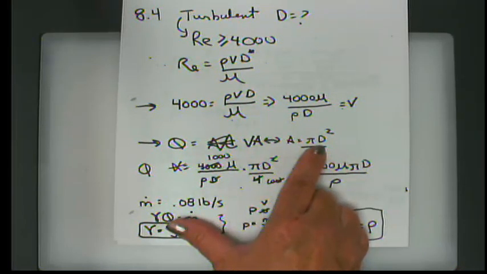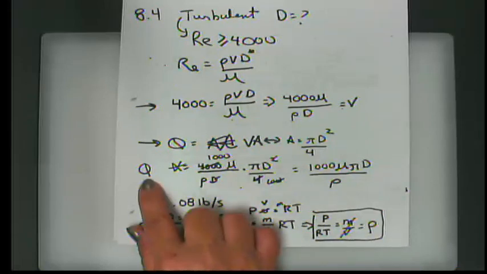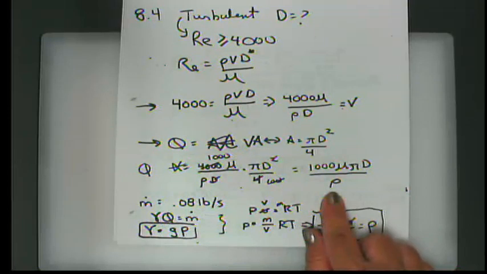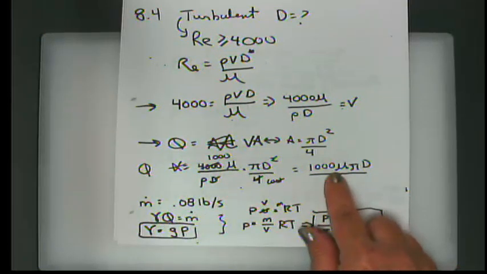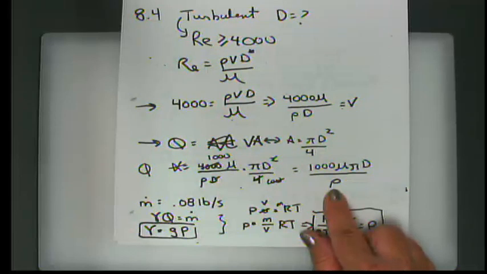That's the d that's going to correspond to a Reynolds number of 4,000 when I start plugging numbers in. So I solve this out, and what I find is that Q equals V times A is 1,000 times the viscosity of air at 100 degrees Fahrenheit times the constant pi times the diameter divided by the density of air.